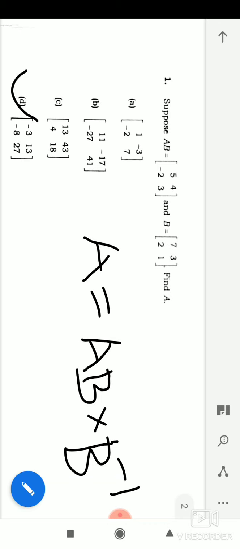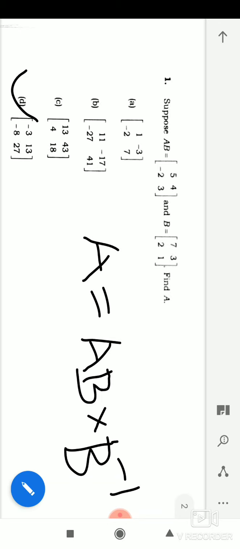But in case of matrix operations, there is no formula for the division method. So as a proxy of division, we always use the method of matrix inversion, or the inverse of a matrix. In place of division, we have to use B inverse with multiplication.